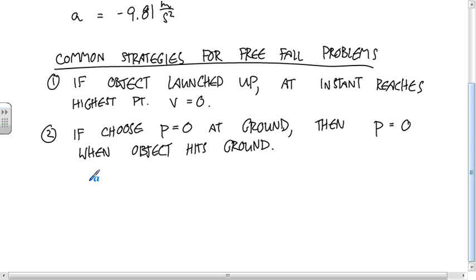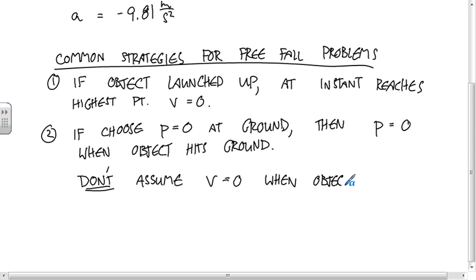Going along with this, what you should not assume, and this is an easy mistake to make, don't assume that the velocity is equal to 0 when the object hits the ground. That is a mistake that people make often, and it makes sense.